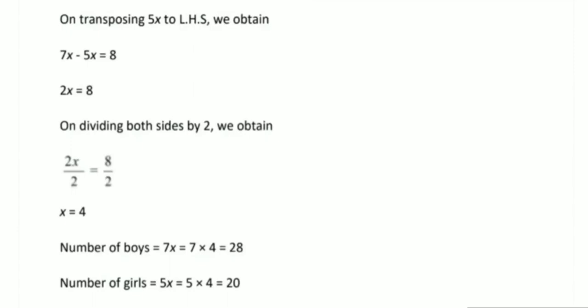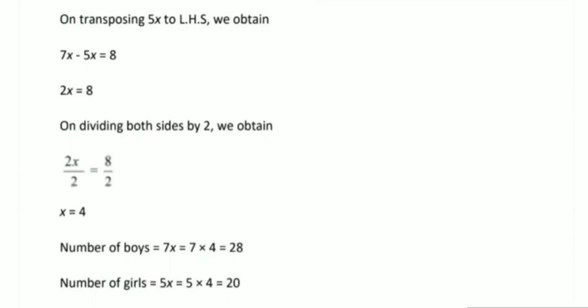So 7x minus 5x, what is left? 2x. So 2x is equal to 8. Now on dividing both sides by 2, we obtain 2x upon 2 is equal to 8 upon 2. So 2 and 2 cancel. Okay. So what is left? x is equal to 4.